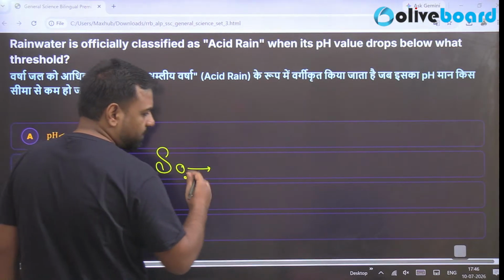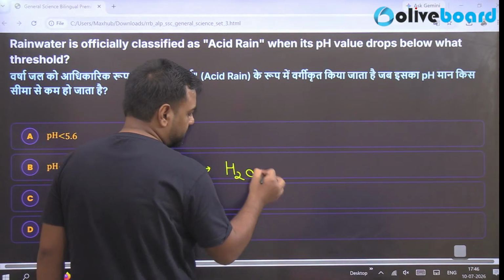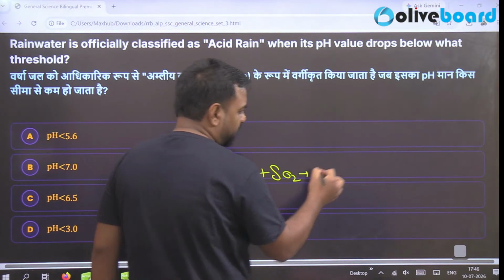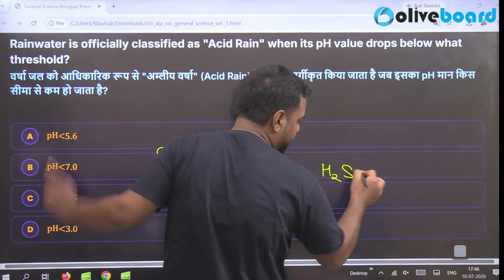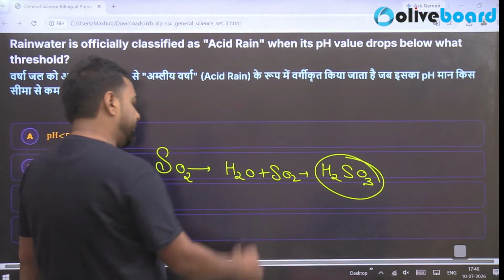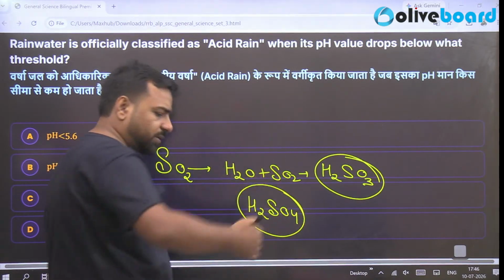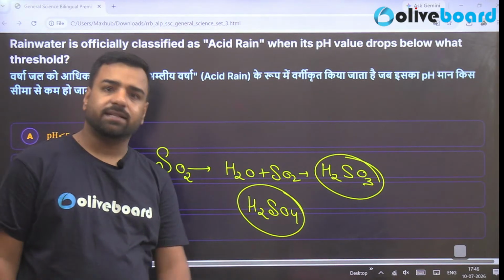So SO2, when it reaches the atmosphere, gets combined with the water. That forms sulfurous acid. Mark my words, it's not sulfuric, it's sulfurous. And when this acid is formed and comes down as rain, that's acid rain.